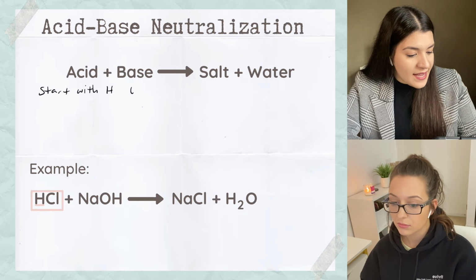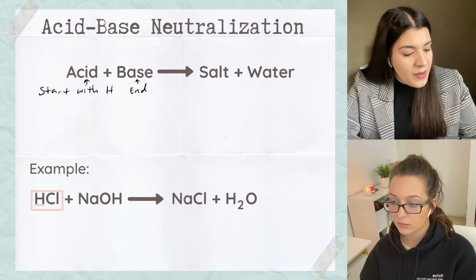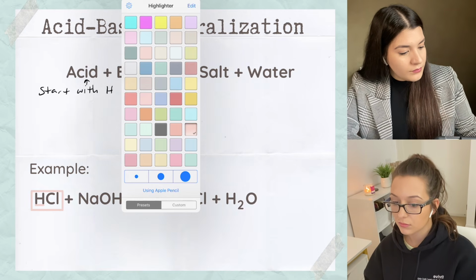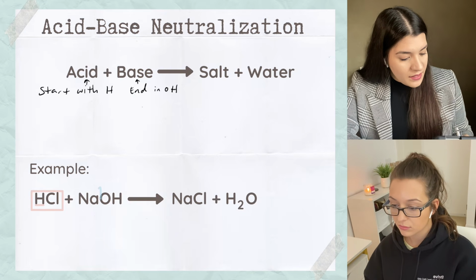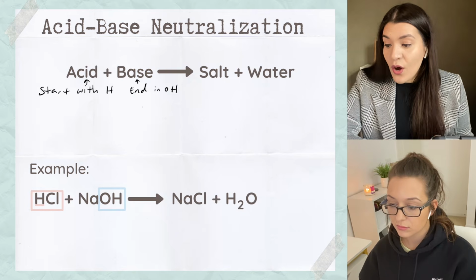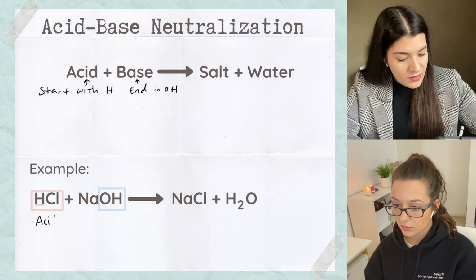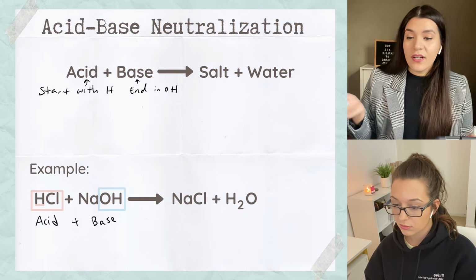Acid has to start with a hydrogen, base has to end in OH. And we see that here too, this has to be my base because it ends in OH. So that's our base.